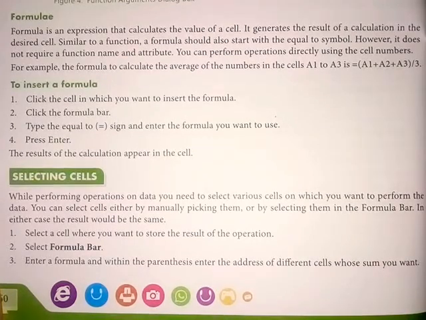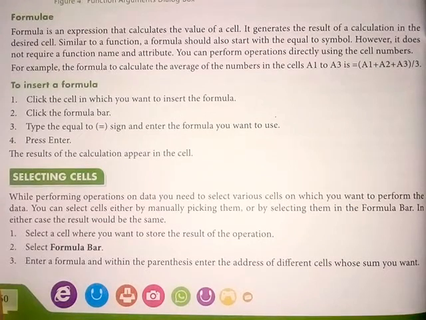Selecting cells. While performing operations on data, you need to select various cells on which you want to perform the operation. You can select cells either by manually picking them or by selecting them in the formula bar. In either case, the result would be the same. First, select the cell where you want to store the result of the operation.